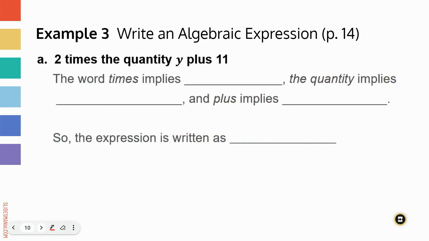Okay, this is going to be example 3 on page 14. So we want to write an algebraic expression. So in A, we have 2 times the quantity y plus 11. So we're just going to fill in the blanks here. So the word times implies multiplication. The quantity implies parentheses.